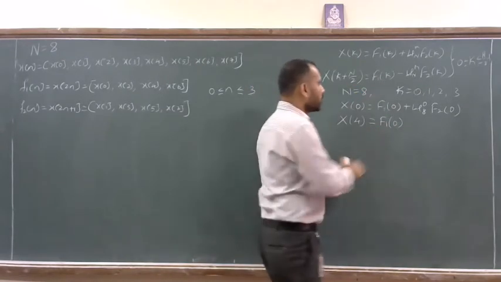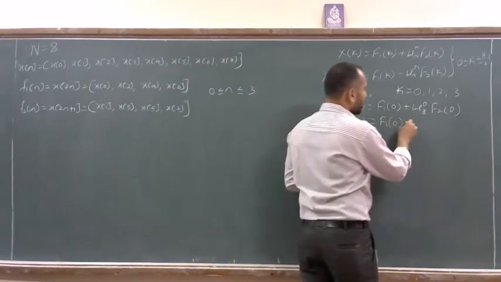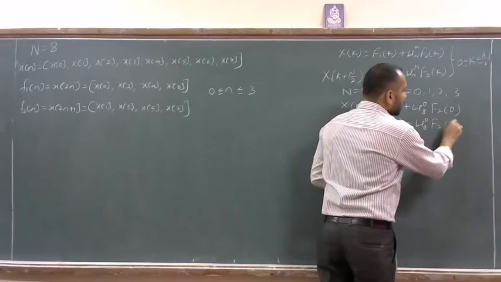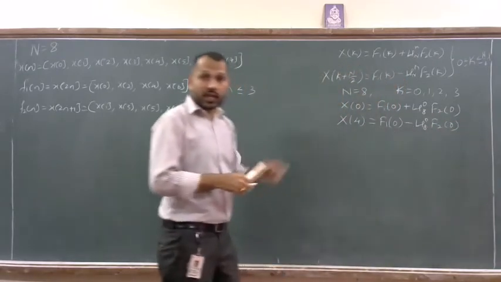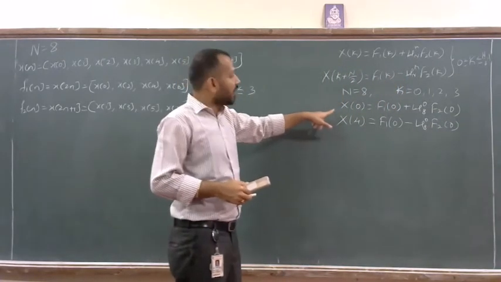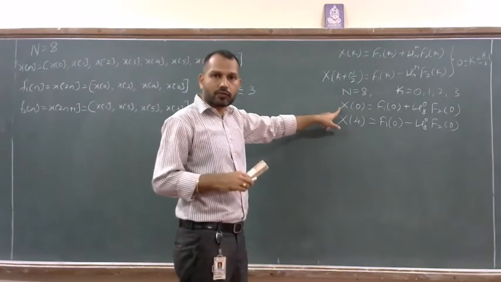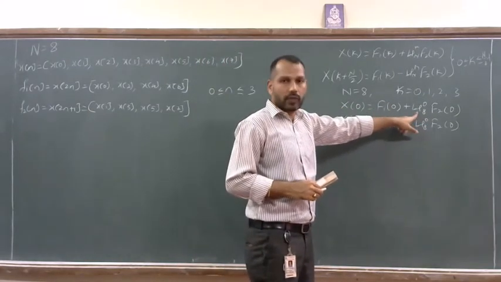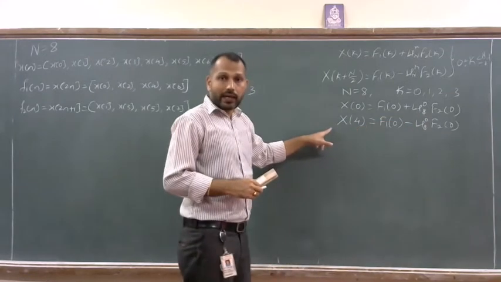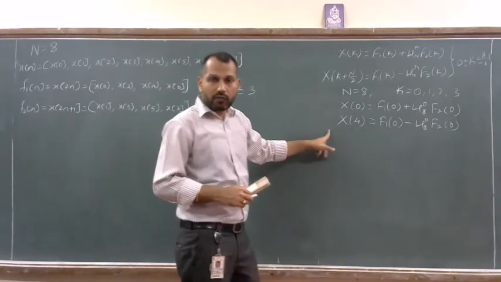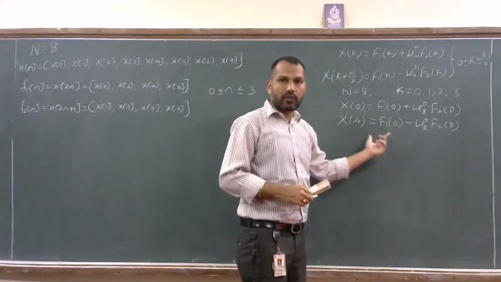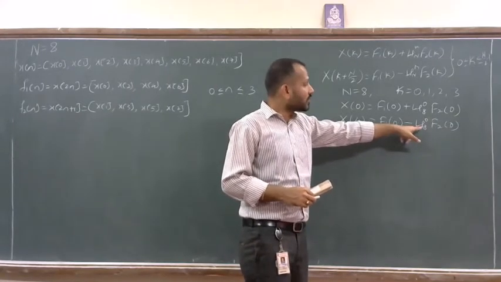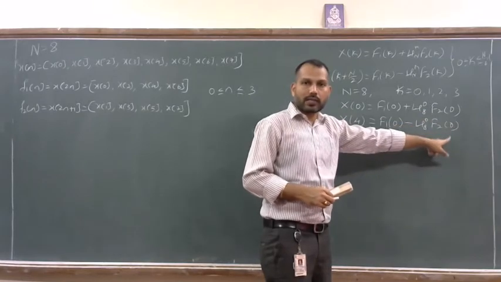So it will be F1 of 0 minus W8 0 multiplied by F2 of 0. So the first DFT point obtained by the first equation will be the sum of the two DFT points, but the second DFT point will be multiplied by this twiddle factor. The fifth DFT point will be the difference between the two DFT points in the N by 2 DFT sequences, but this twiddle factor will be multiplied to the second DFT point.